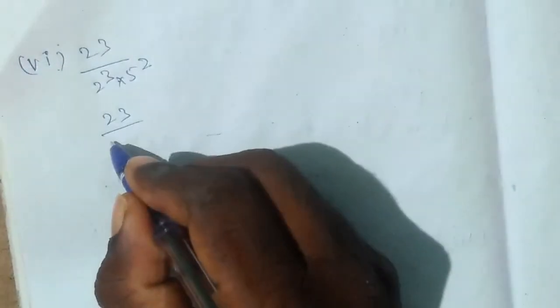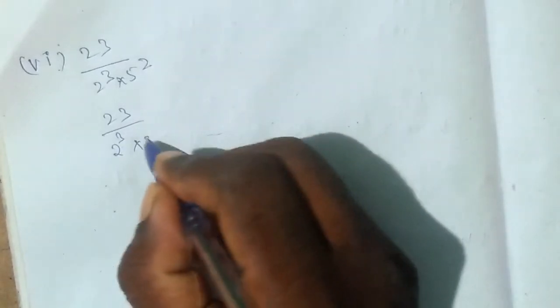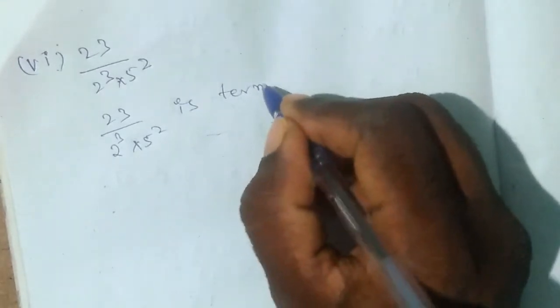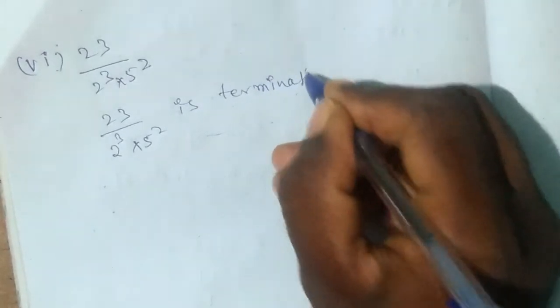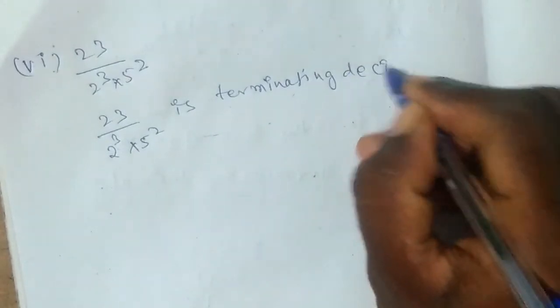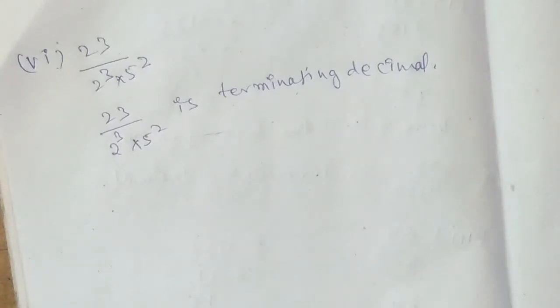Therefore 23 by 2 cube into 5 square is a terminating decimal. Why? Because already it is given that q is in the form of 2 to the power of n, 5 to the power of m. So it is a terminating decimal.